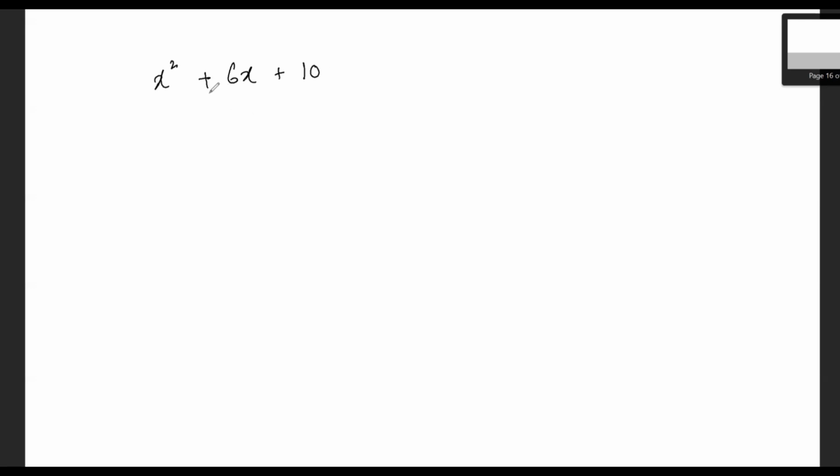We take this number divided by 2, which is 3, and then we square it, we will get 9. Means 6 is there, so there should be 9. Since 9 is not there, we know that it is x plus 3 whole square.